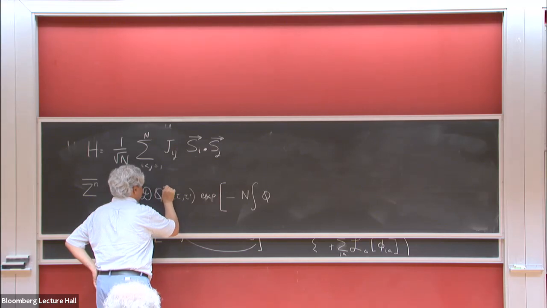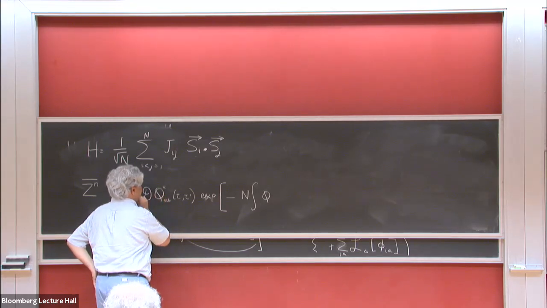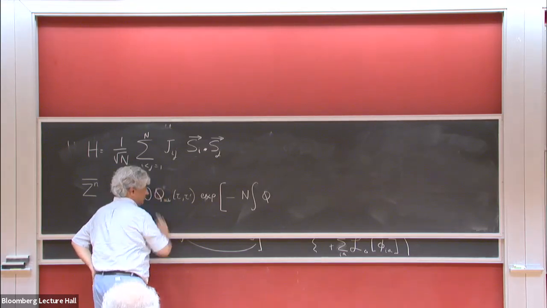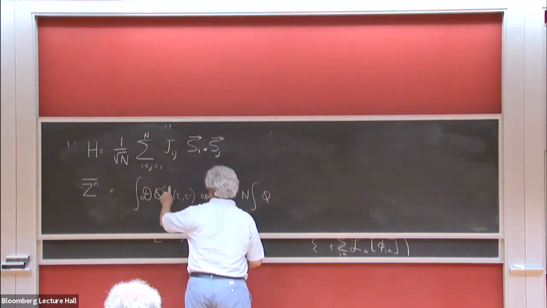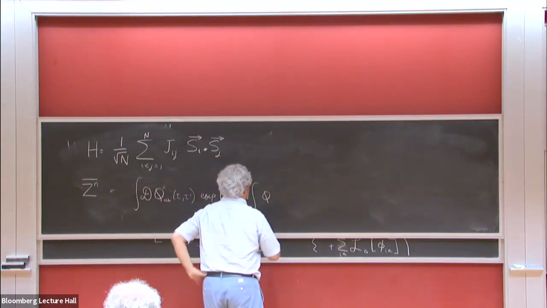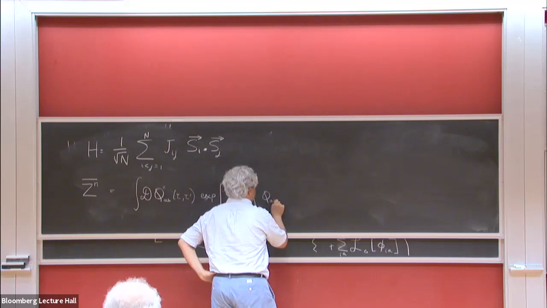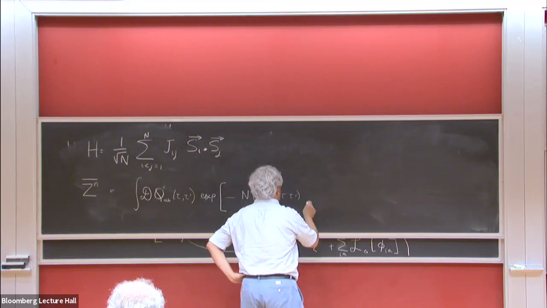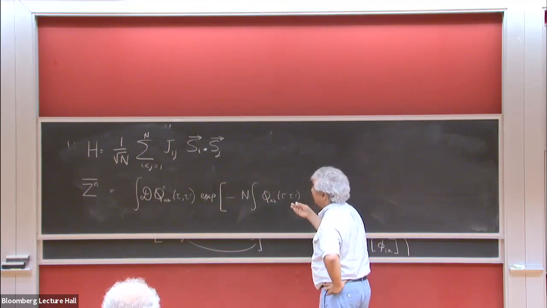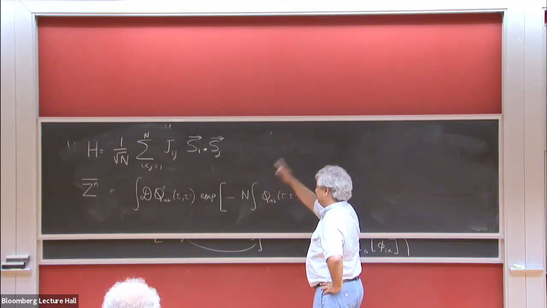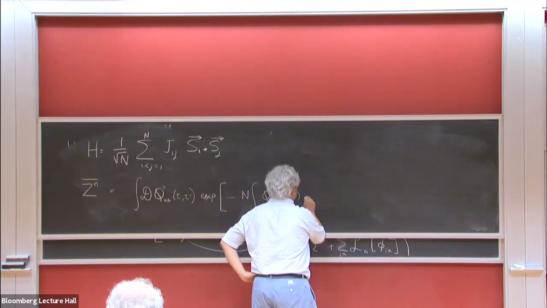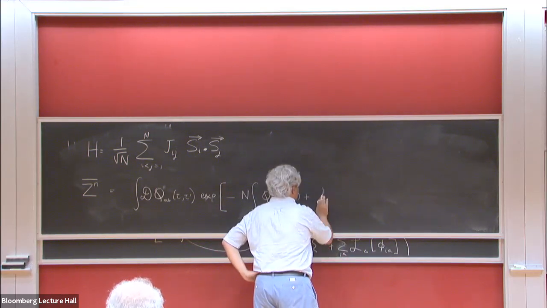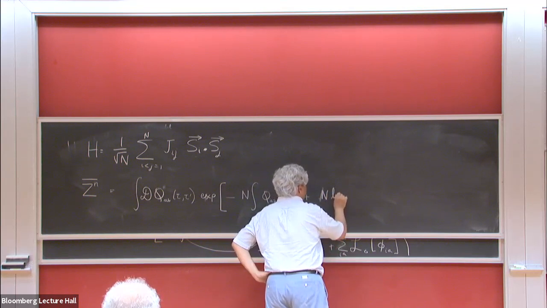So really it's Q_ab with indices alpha, beta, gamma, delta, but I won't write them out. Okay, so it has many spin indices that I won't write out, Q_ab(tau, tau prime), because in the end we're going to take a saddle point. And when we take a saddle point, the spin indices don't matter. Plus n log Z of Q.